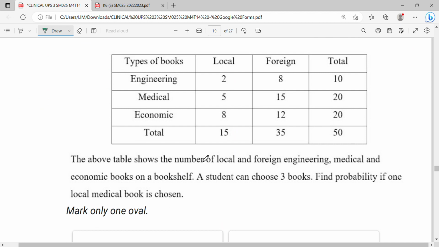Contingency table. So what else? We want a student to choose 3 books. So it's not choosing one.